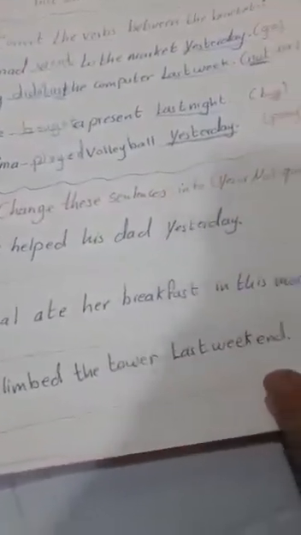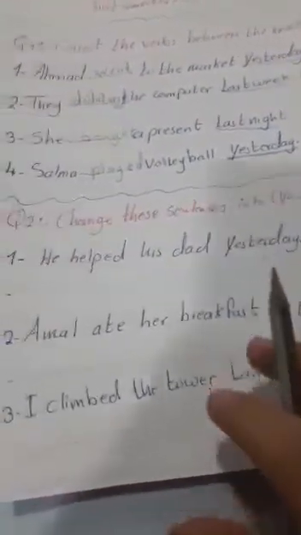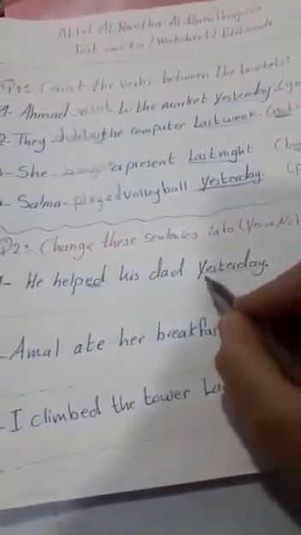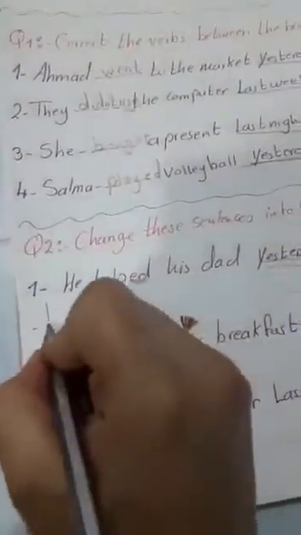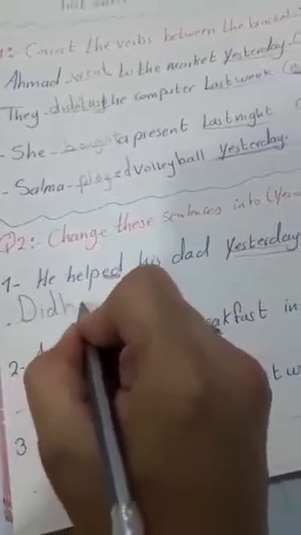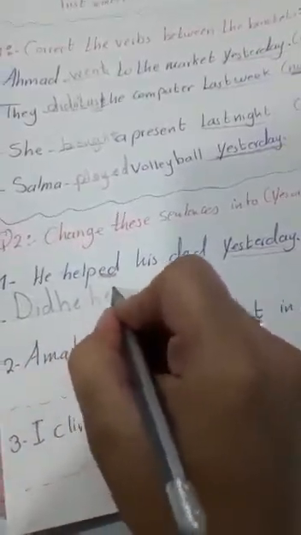Okay. Question 2. Change these sentences into yes or no questions. 1. He helped his dad yesterday. We have helped and yesterday, so we are talking about simple past. We want to change this sentence into a question. We always ask with did. Did he help?